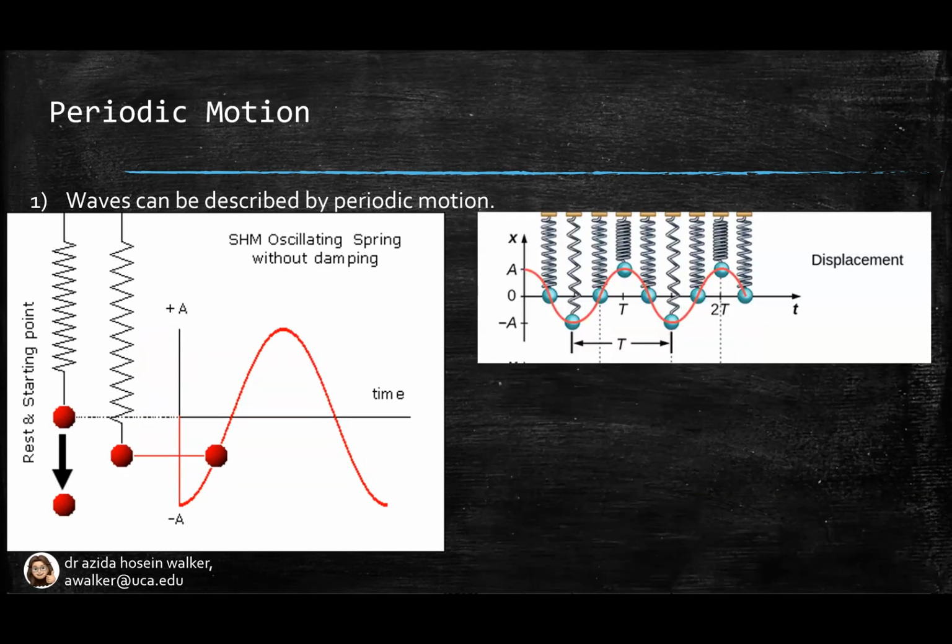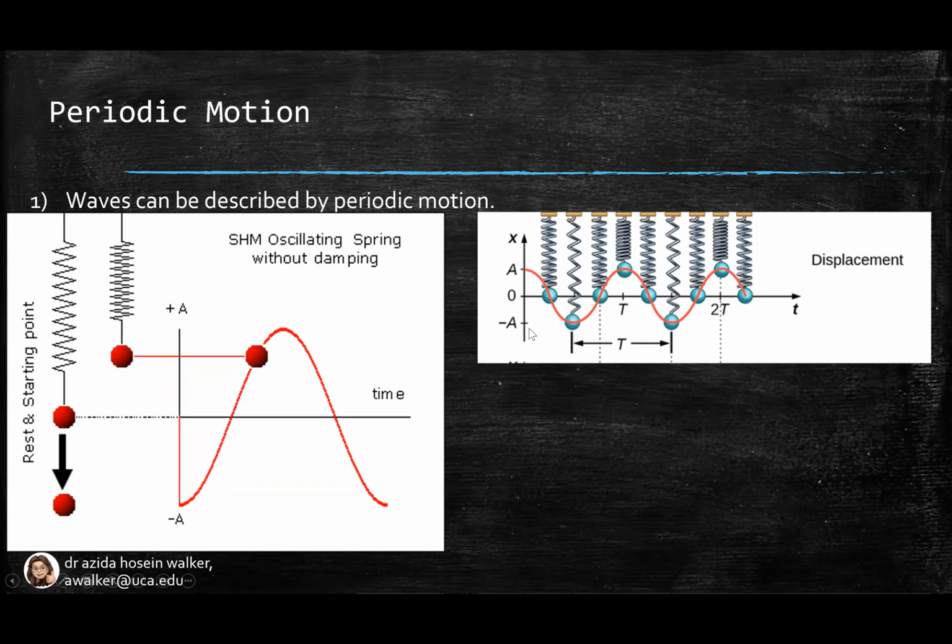So the pattern looks like this: we start at a certain point, and then we get up to that point, the same amplitude away, and then the pattern repeats itself again. This picture of periodic motion is very similar to the periodic motion of waves.